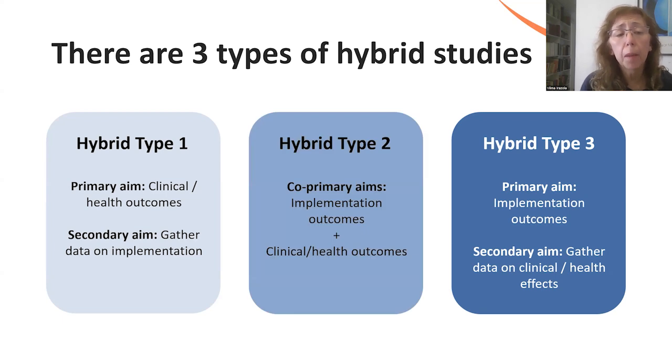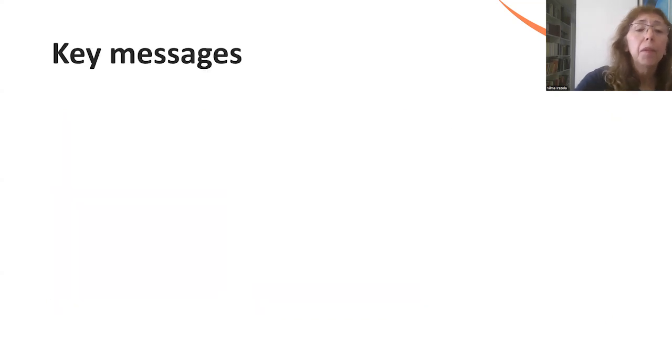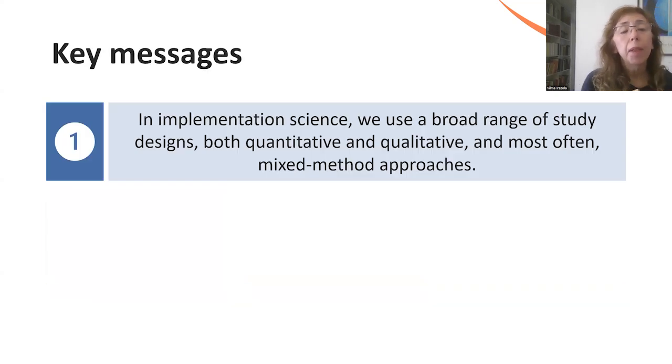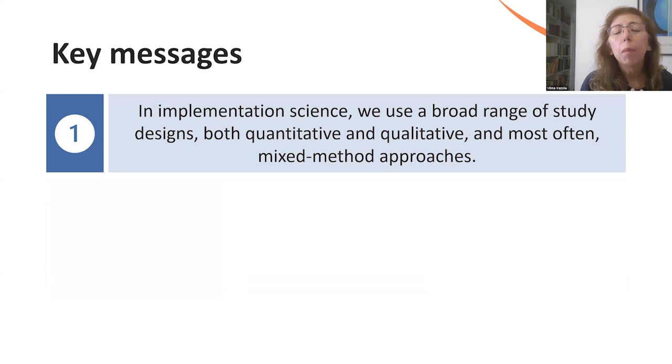In a hybrid type 2, both clinical outcomes and implementation-related factors are equally important. Both are at the same level of hierarchy, and that's why they are co-primary aims. As key messages, remember, in implementation science, we use a broad range of study designs, both quantitative and qualitative, and most often mixed method approaches.